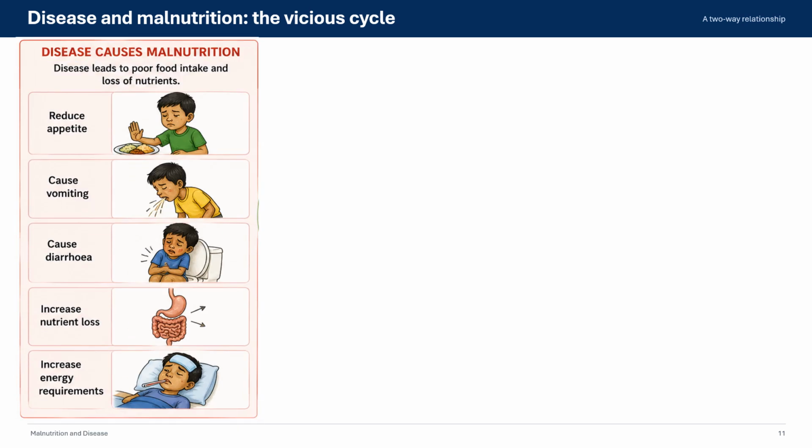Now, let us look at the relationship between diseases and malnutrition. Diseases and malnutrition usually interact with each other to form what is called a vicious cycle. Diseases generally cause malnutrition because disease leads to poor food intake and loss of nutrients through reduction in appetite, vomiting, diarrhea, increase in nutrient loss, and general increase in energy requirement.